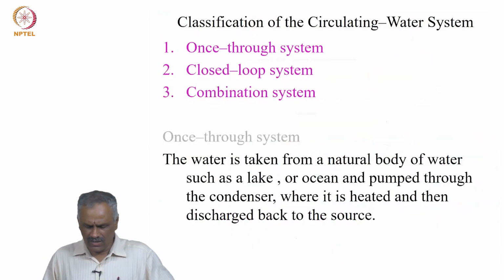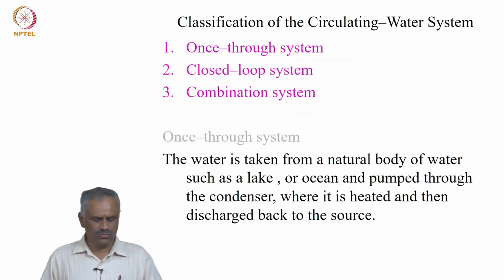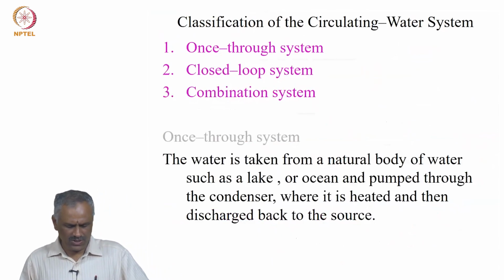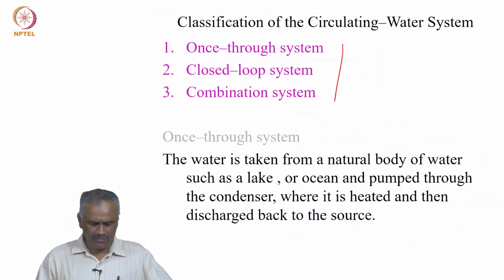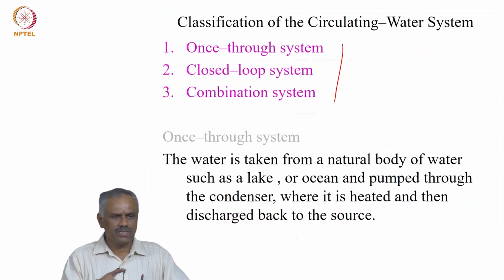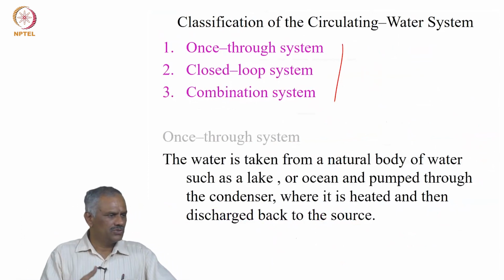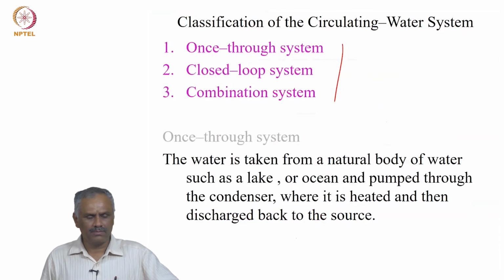There are different types of circulating water systems. One is a once through system, closed loop system, and a combination of these. See, why I am explaining the gist of this is, just now I told you that you need to send huge amount of mass of water to recover some part of the heat rejected by the power plant.